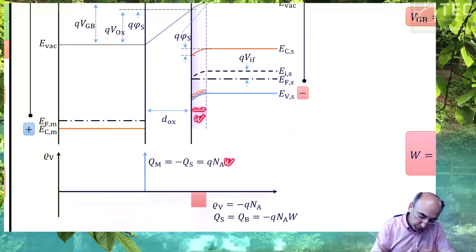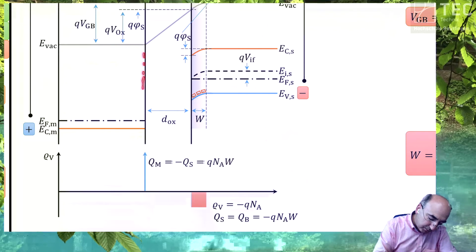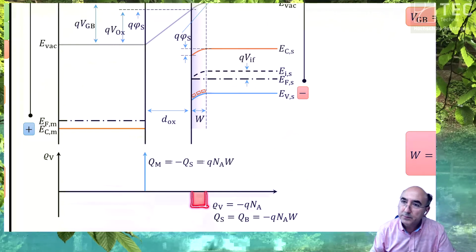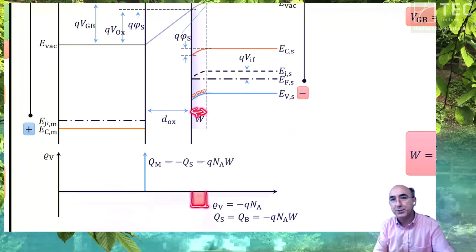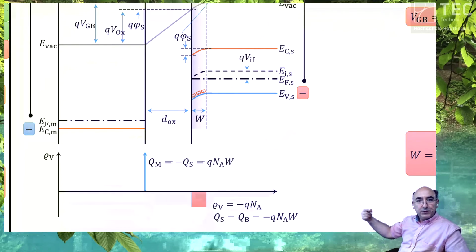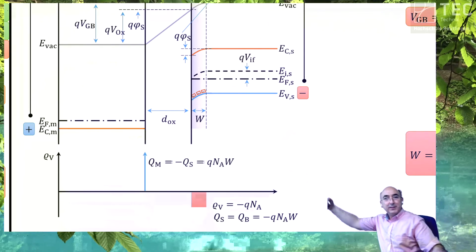You increase the width, you increase the charge in the space charge region, and the opposite one is accumulated just at the interface. Therefore, in the semiconductor, I have to draw a box because you have a physical extension into the semiconductor.